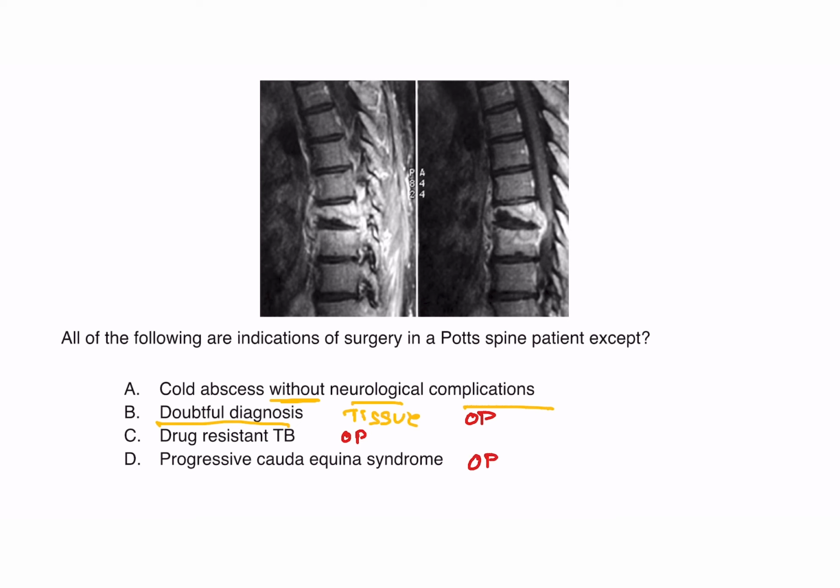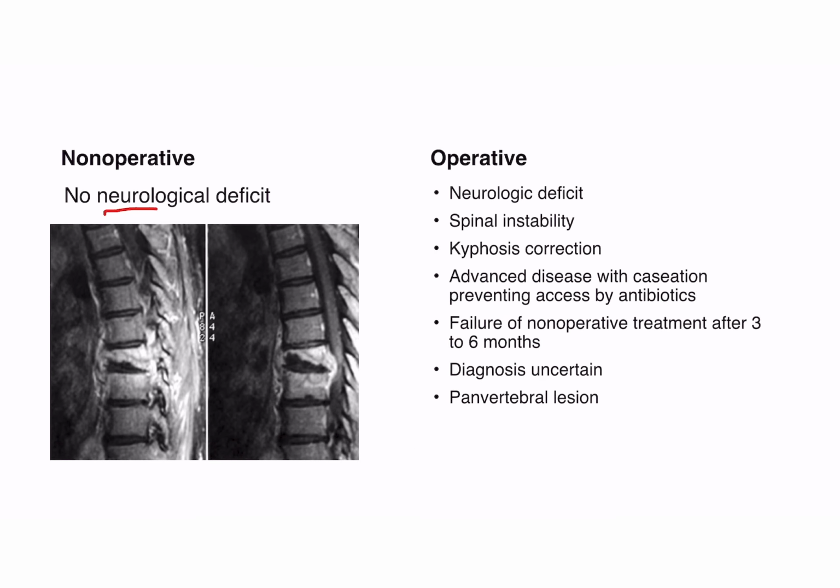So of all the four options, I would say cold abscess without a neurological complication, I'll try to manage as non-operative. So what are the operative and non-operative indications for tuberculosis of the spine? With no neurological deficit, you can try to manage non-operatively. But what are the operative indications?